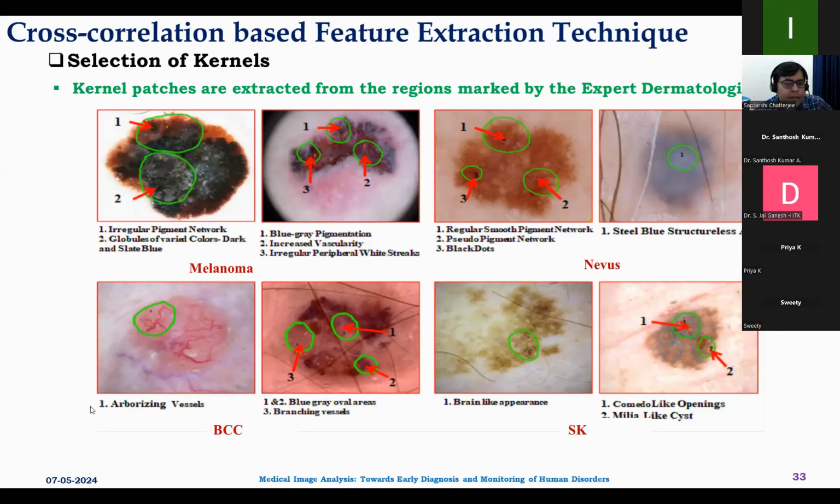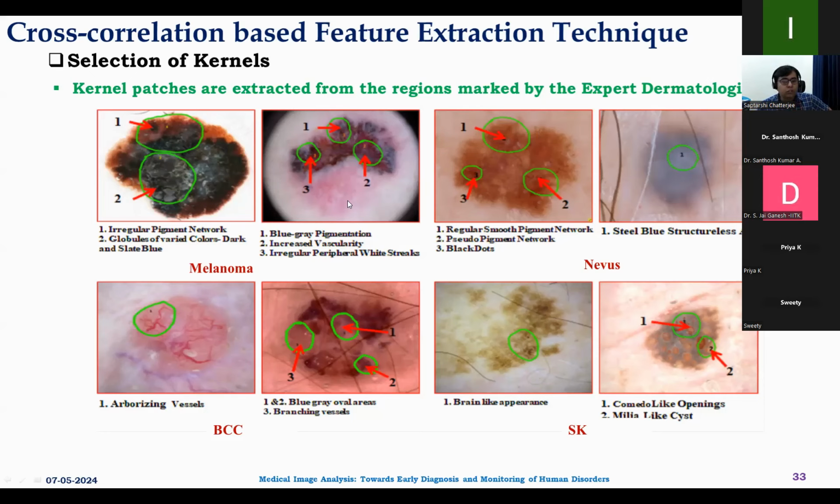That means for this particular region we have specific features, that is a very dark color, dark black regions. We can have some blue white veil region, or blue gray pigmentations. We can have some steel blue structureless area. All these regions have been selected as very important features for different disease classes, and those regions have been selected as a kernel cropped from that particular image. Those regions were extracted right after the dermatologist marked them.